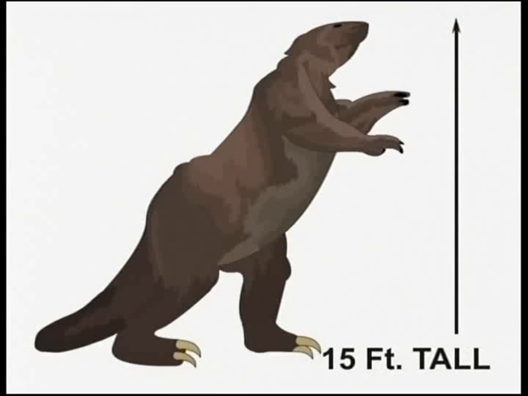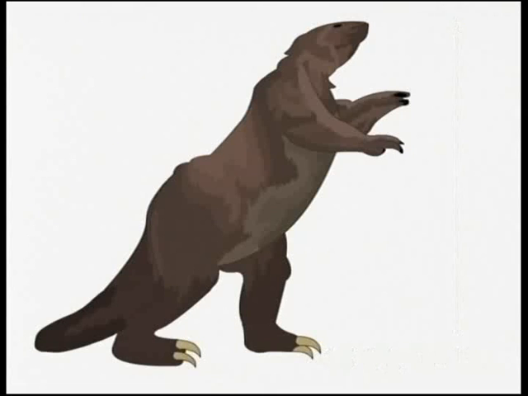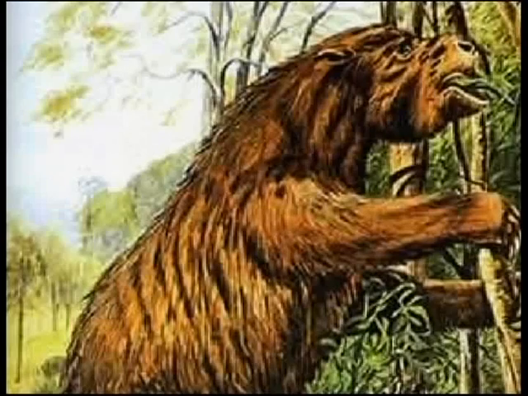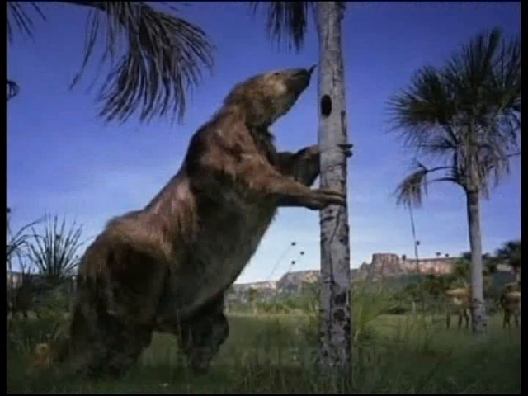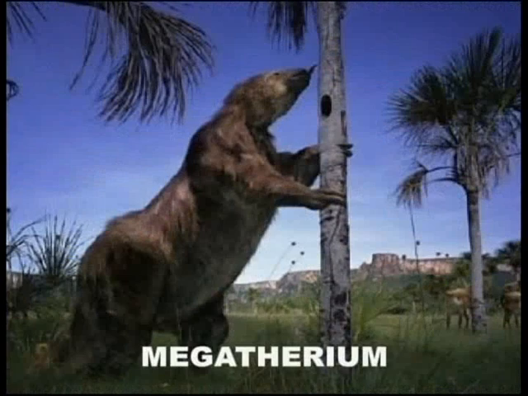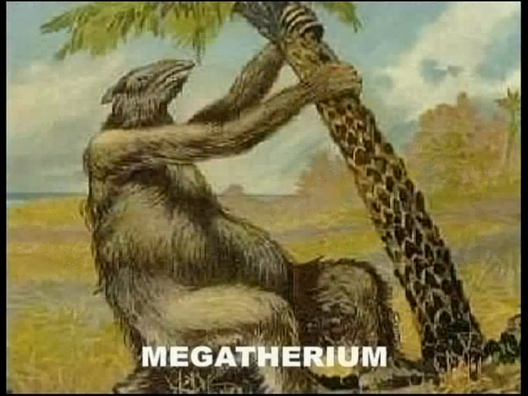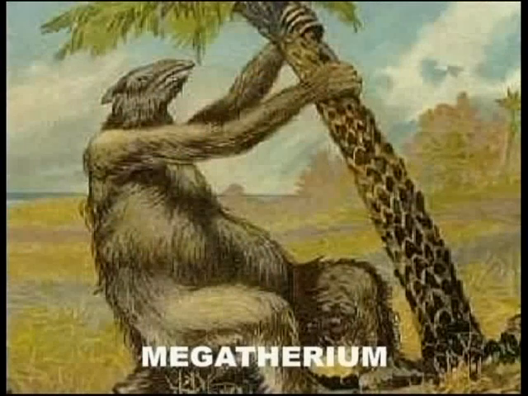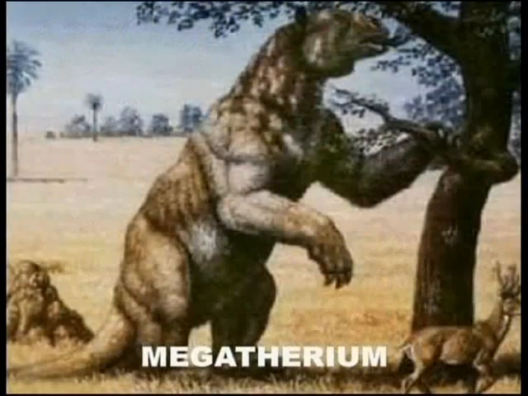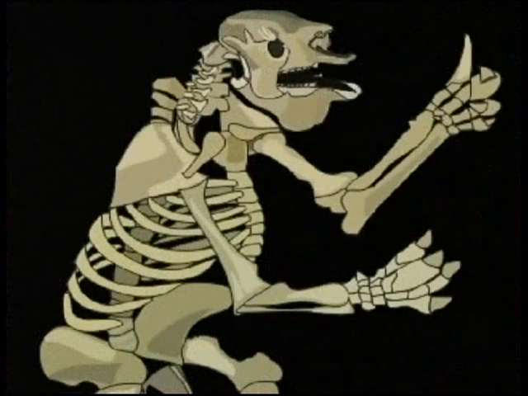That is 15 feet tall. The local people here called it the giant mole, and the scientists gave it the name Megatherium. This creature may have died out during the last ice age and may have lived on leafy branches.